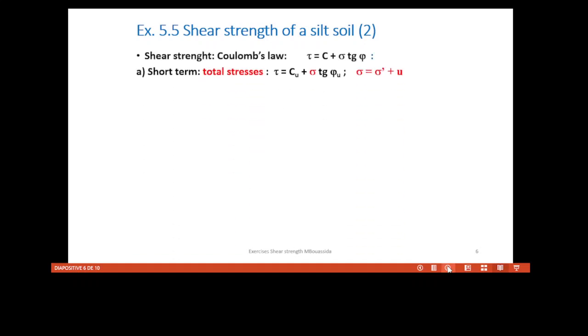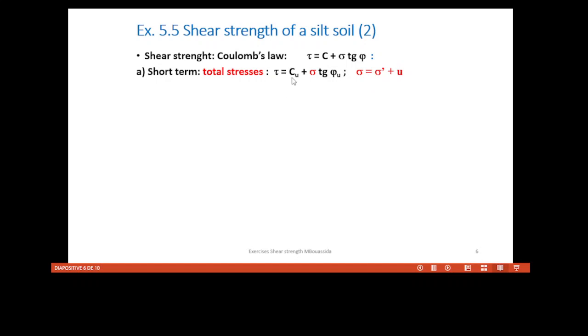So let us calculate the shear strength in the two cases. Shear strength is governed by Coulomb's law, that is in general this one. Consider the short-term case. Calculation is done using total stresses. And total stress, after Terzaghi's postulate, is the sum of the effective stress plus the pore pressure.